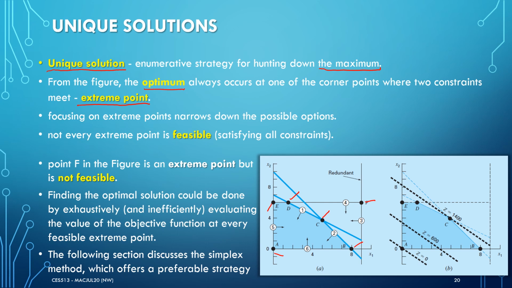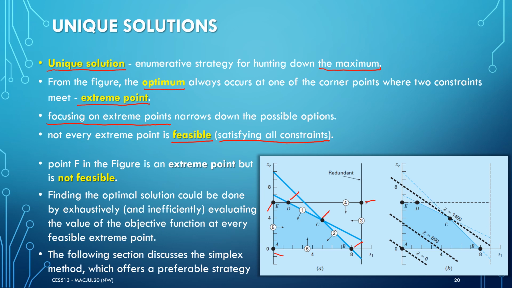Focusing on extreme points clearly narrows down the possible options. So we need to focus on the extreme points. Further, we can recognize that not every extreme point is feasible, meaning satisfying all constraints.